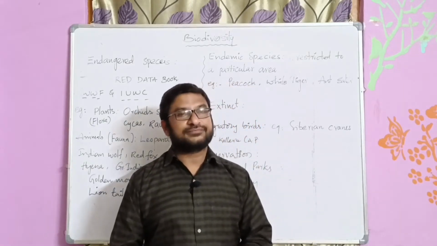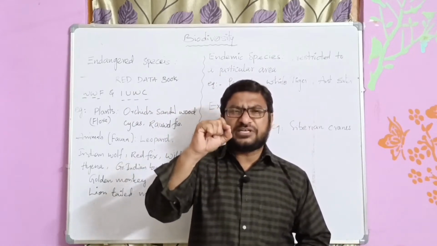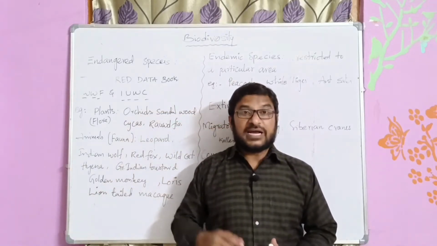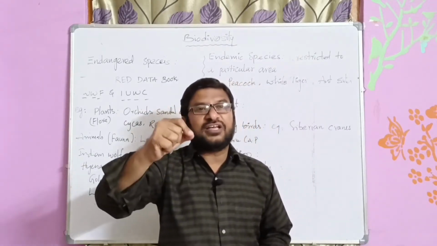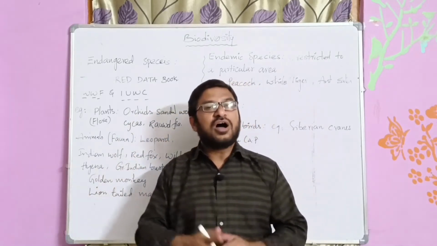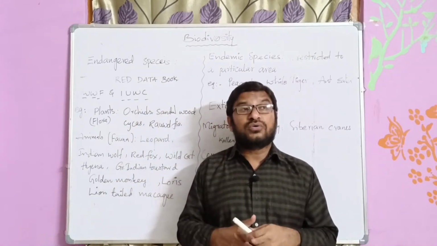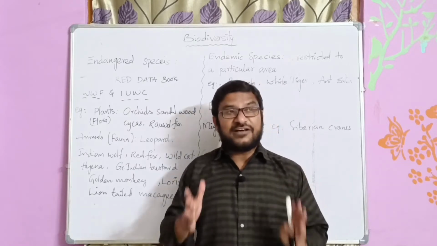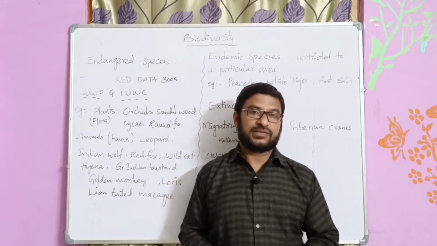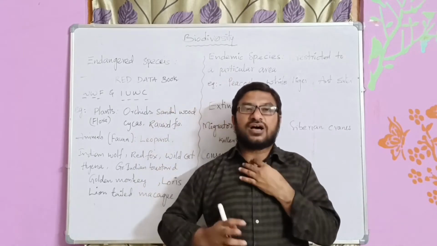Simply we can say, even a small ant, even a small organism is also very important in this nature, because it is also a living organism. It means a small creature is also a living organism like us. So it's our responsibility to conserve the biodiversity, because there is interrelation among the organisms.